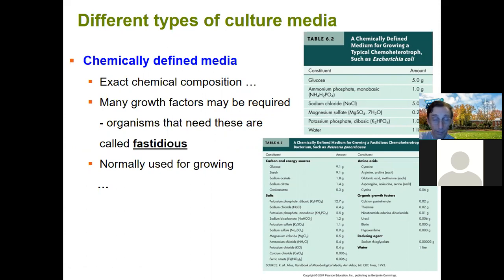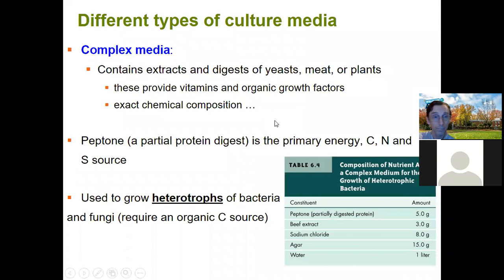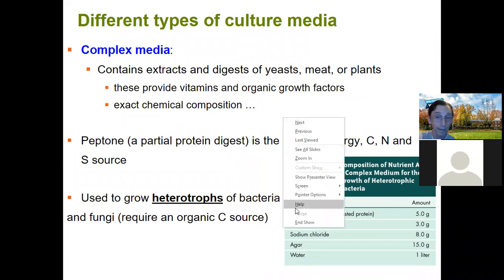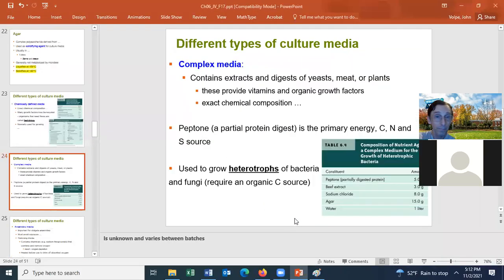Most of the organisms that we grow in the lab would not grow on this media because they need other additives. And what we do in the lab is generally give students a complex media.